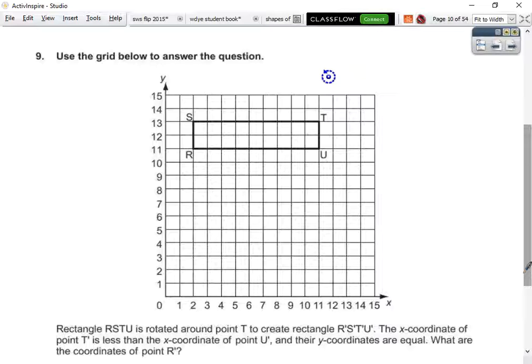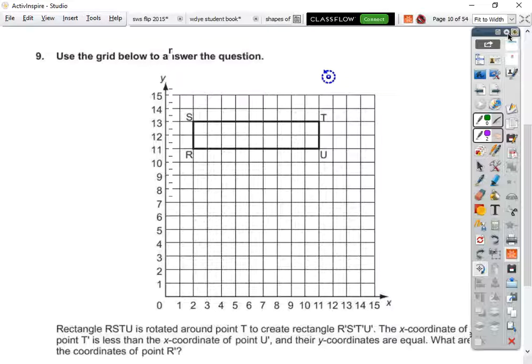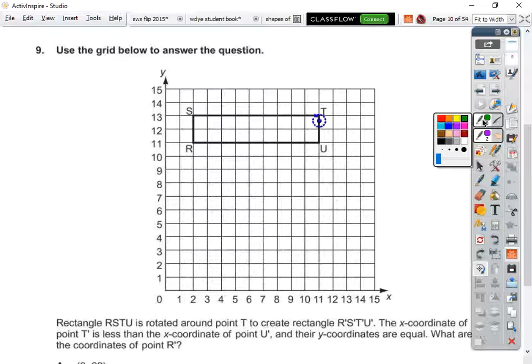Use a grid below to answer. You have a rectangle RSTU and it's rotated about point T. So I'm going to take point T right here. And I'm going to draw this, maybe. How about another color? How about red? There we go. And we learned from our last time. Let's put in our letters.